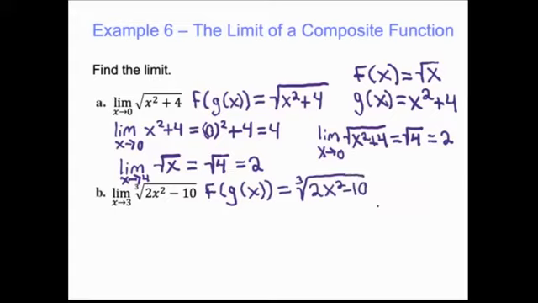So the inner function, g of x, equals 2x squared minus 10. And the outer function, f of x, is the cube root of x.